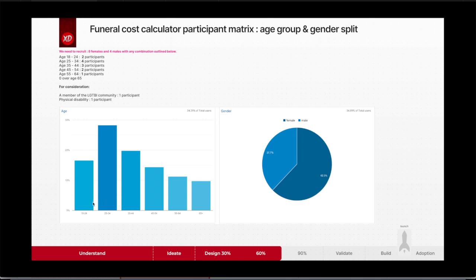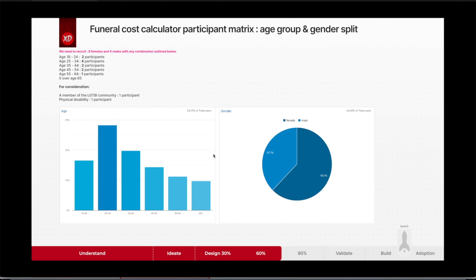So roughly from age 18 to 54, that's where the bulk of our customers are, and a large concentration between 25 to 44. So that means when we recruit, we need to recruit accordingly, and not so much older people.